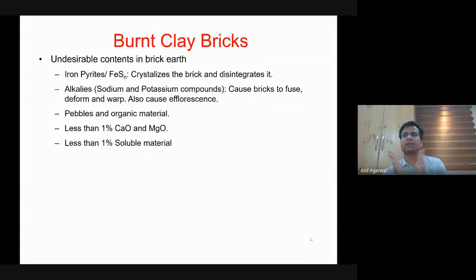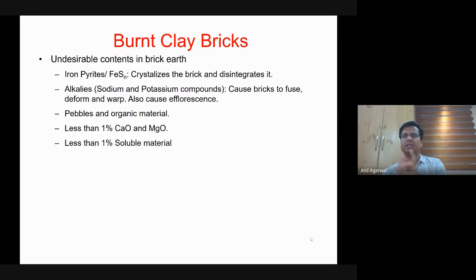Okay, there are some materials which could be present in the clay, and we should try to minimize or eliminate them. So alkalis are bad news. Iron pyrites, FeS, Fe and sulfur together, they are also bad things.